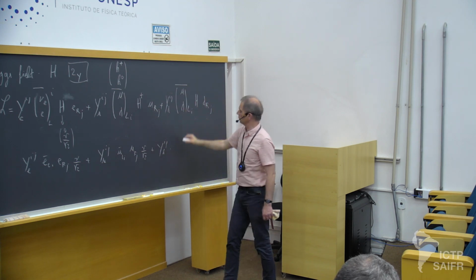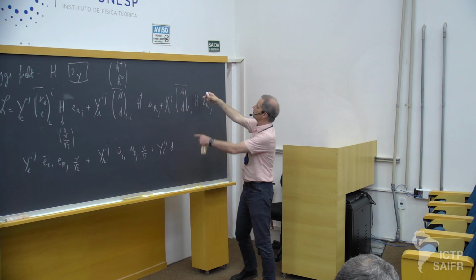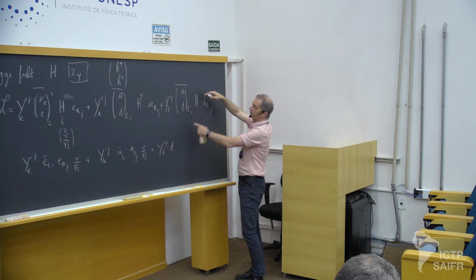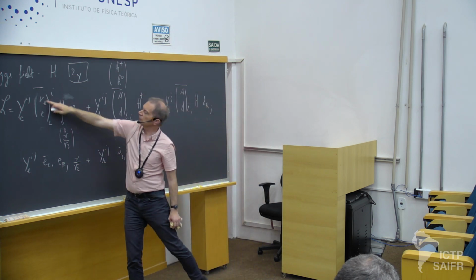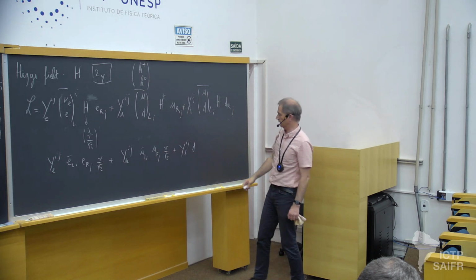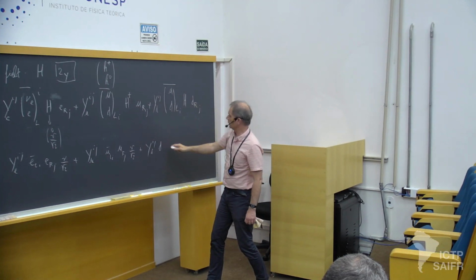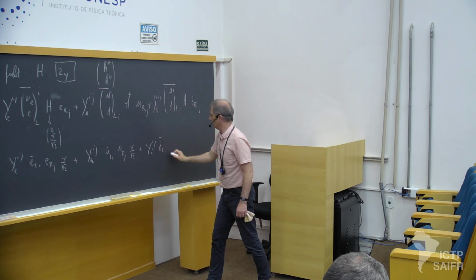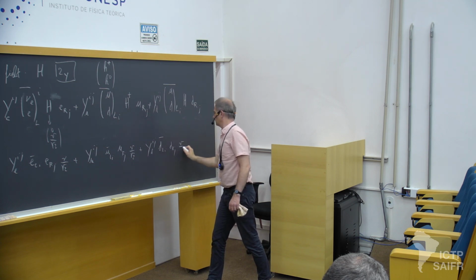Now it's H, so again it's the lower component. Just the way you contract two doublets, right? Sometimes you take the lower component or the upper component, depending on whether it's a dagger or not. So here it's DLIA, D right J, V divided by 2.